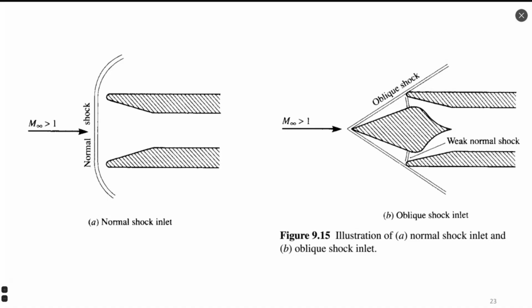To have an oblique shock wave, we need to use some kind of central body, or if it's not symmetric, we need to use geometry of our body inclined with respect to the flow to create at least one oblique shock wave first, and then the flow goes through the normal shock wave. In such a case, efficiency is much better.